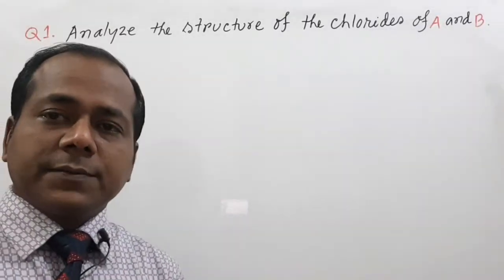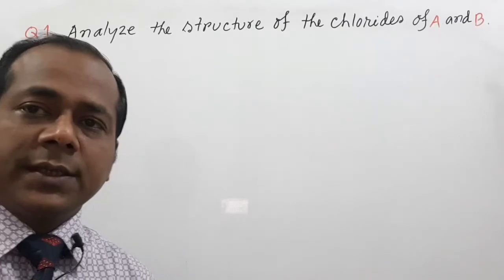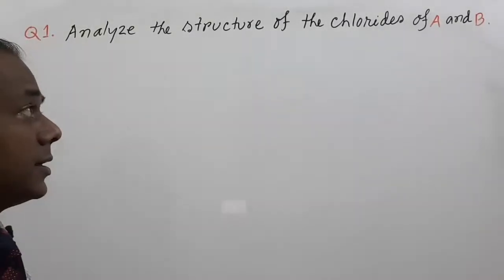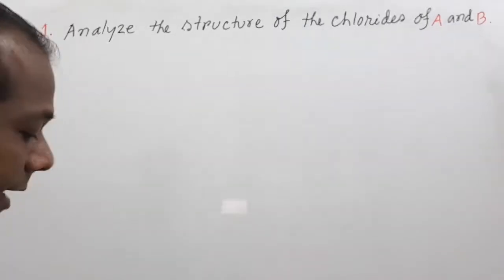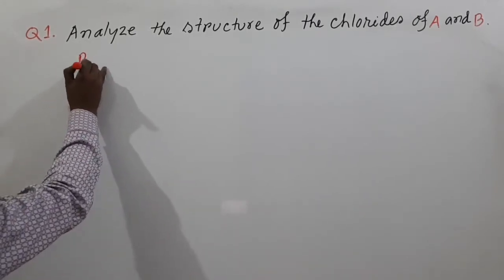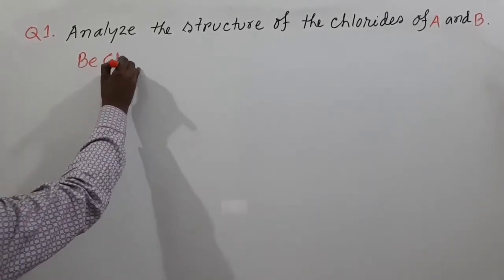My dear students, here is our first question: analyze the structure of the chlorides of A and B. According to the stem, we can see that the chloride of A is beryllium chloride, BeCl2.